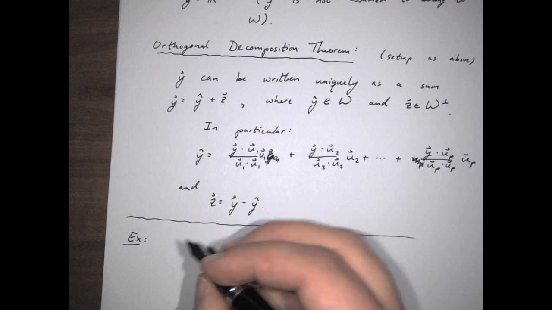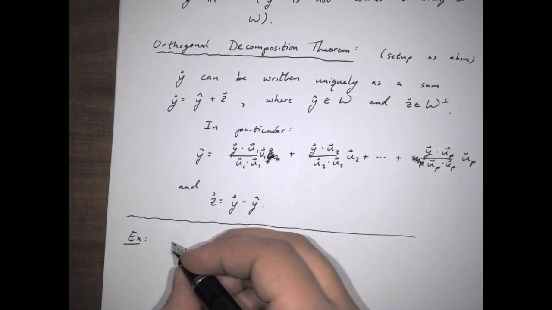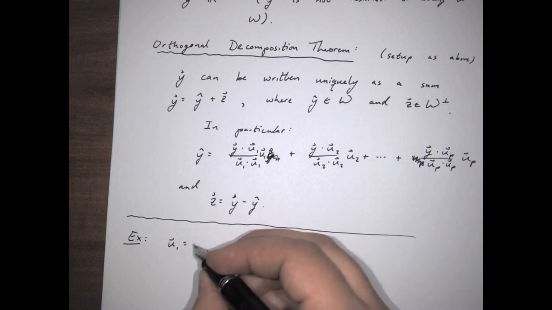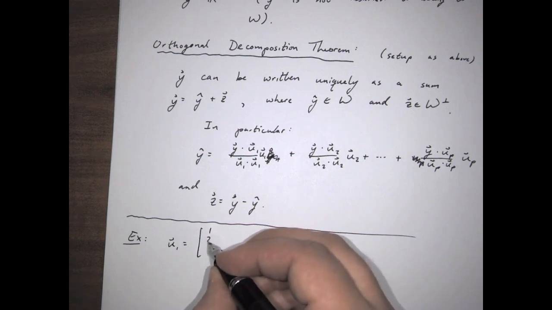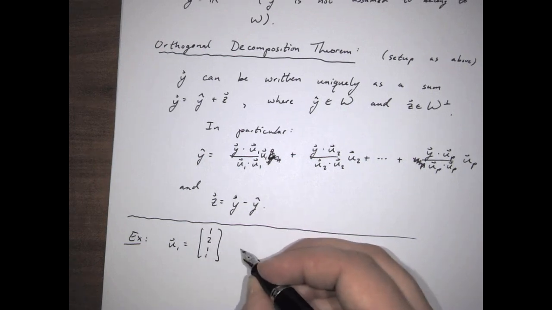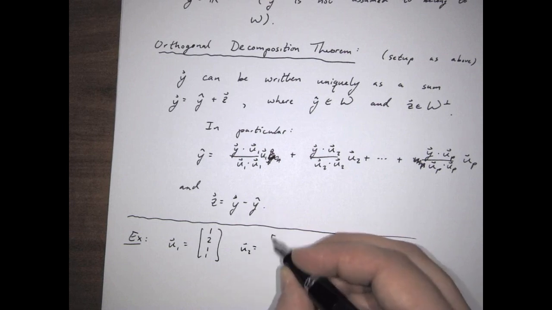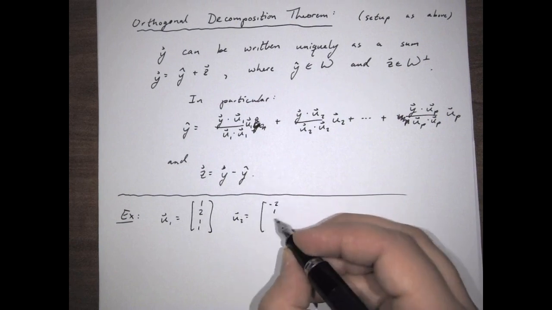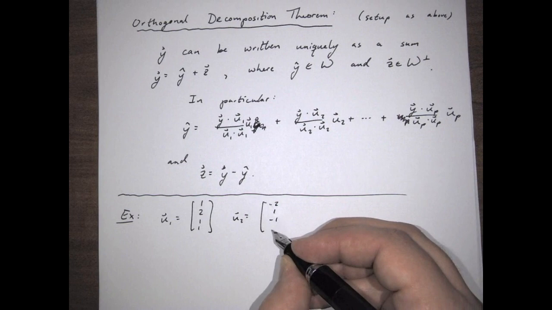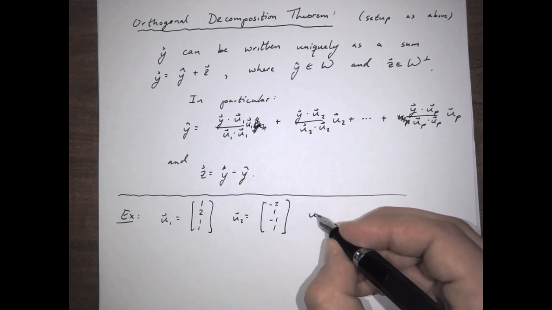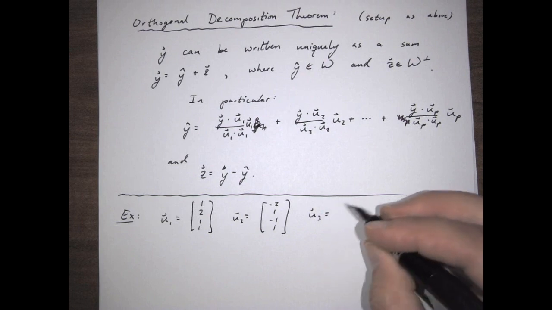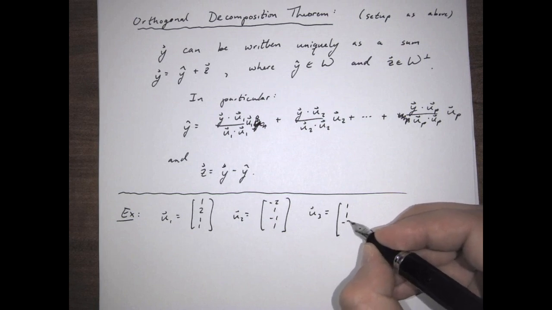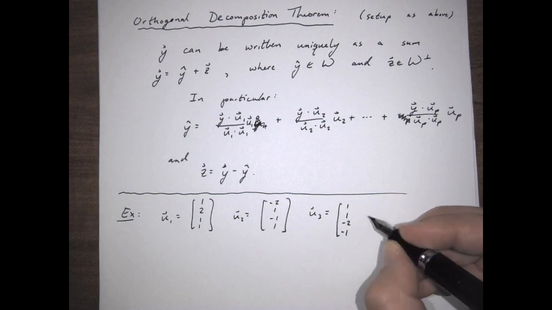Let's say that we have the following collection of vectors. u1 is equal to 1, 2, 1, 1. u2 is equal to -2, 1, -1, 1. u3 is equal to 1, 1, -2, and -1.